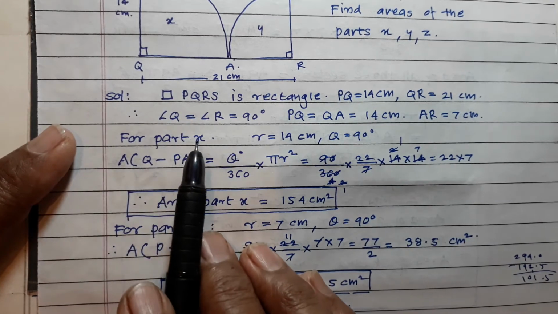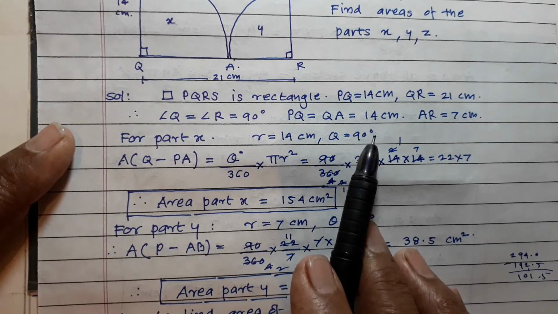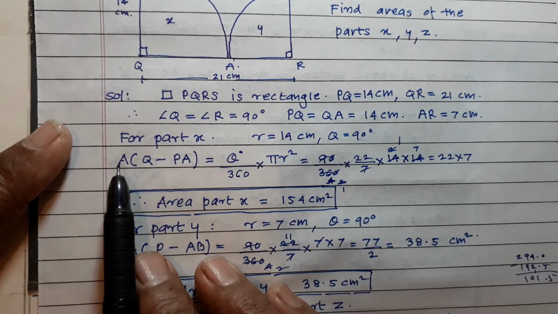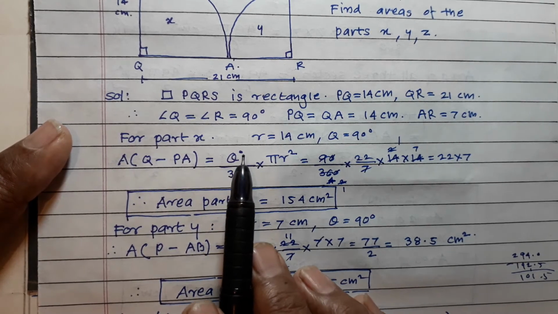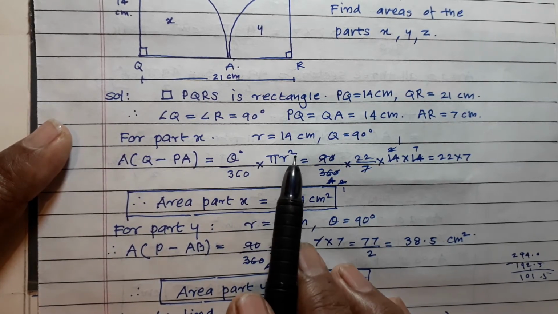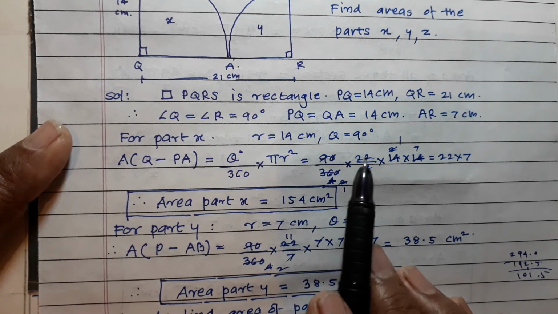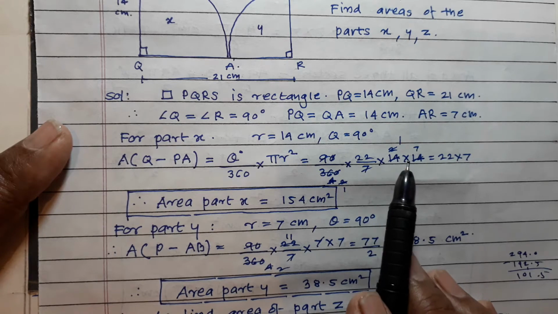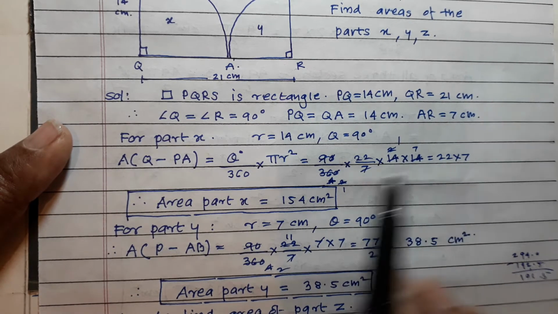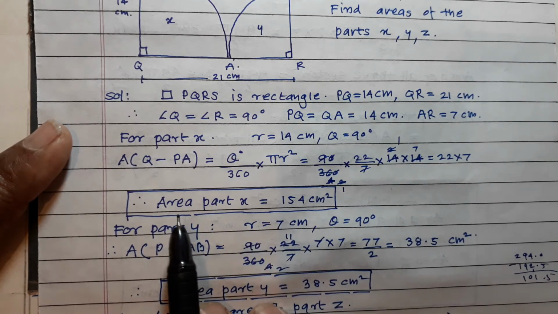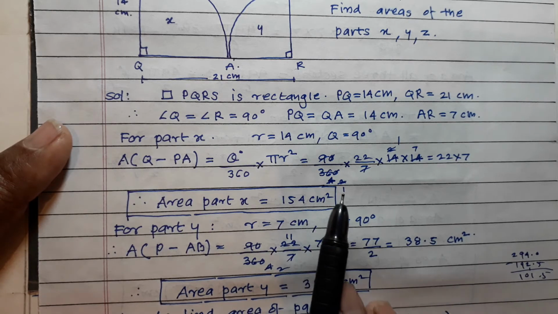Then for part X, r is equal to 14 centimeter, theta is equal to 90, and therefore area of sector Q dash PA is equal to theta upon 360 into pi r square, is equal to 90 upon 360 into 22 upon 7 into 14 into 14, which gives you 22 into 7, and therefore area of part X is equal to 154 cm square.